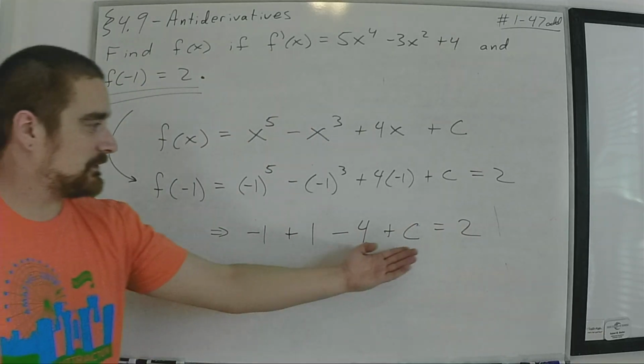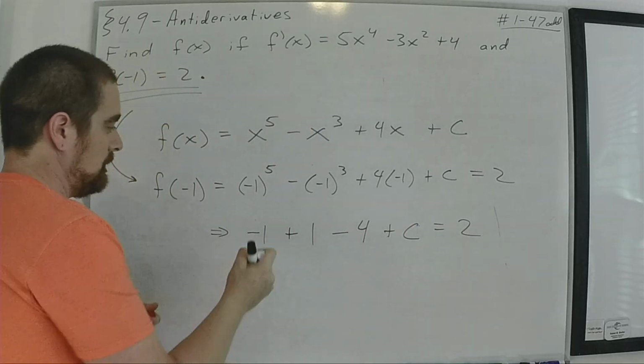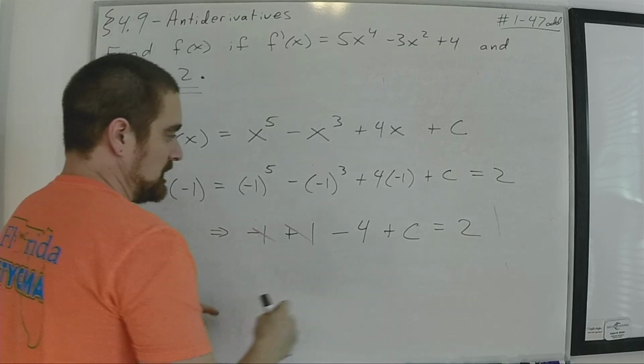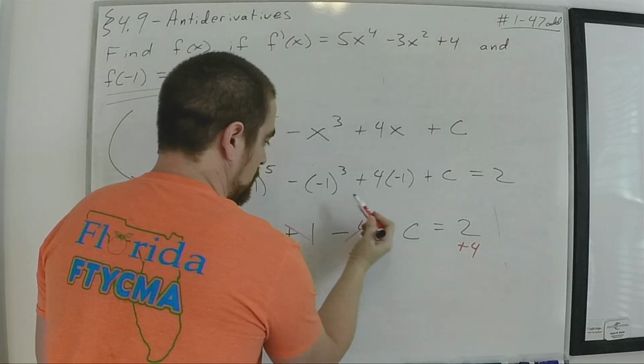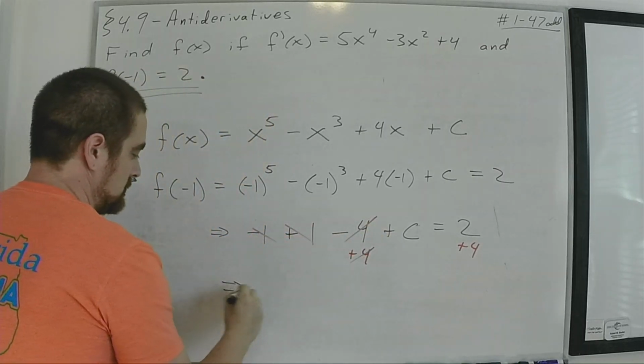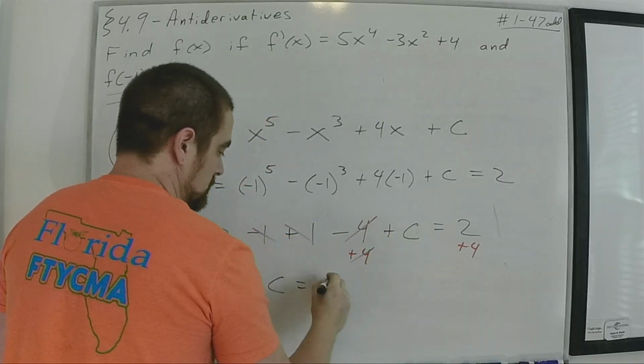And now I can just solve for that constant. Well, minus 1 plus 1, that's pretty easy. They take care of each other right off the bat. And I can add 4 to both sides to say that c must equal 6.